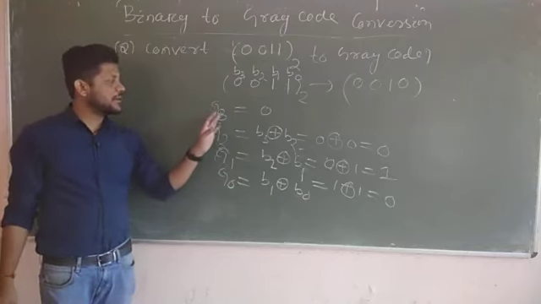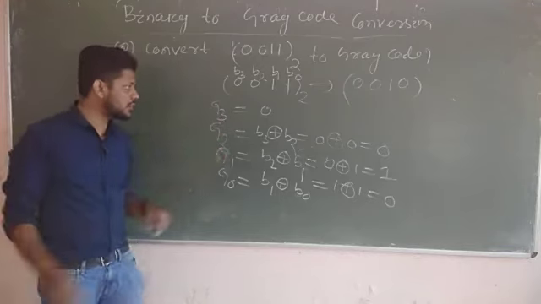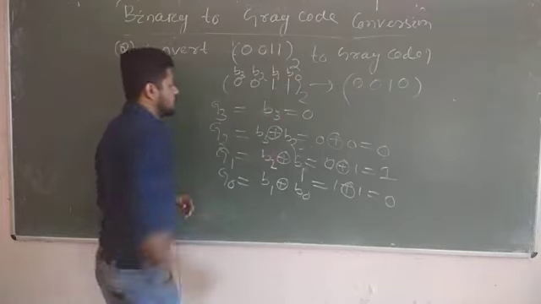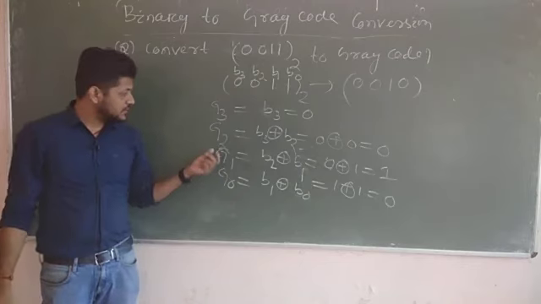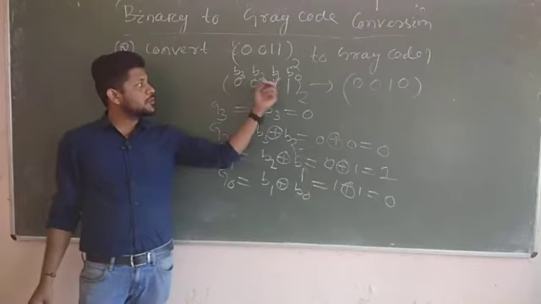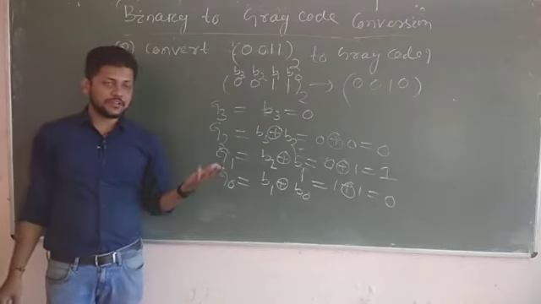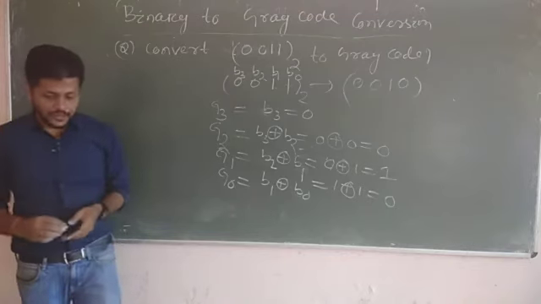Just keep the most significant bit as it is, G3 equals B3, then G2 is B3 XOR B2, G1 is B2 XOR B1, and G0 is B1 XOR B0.